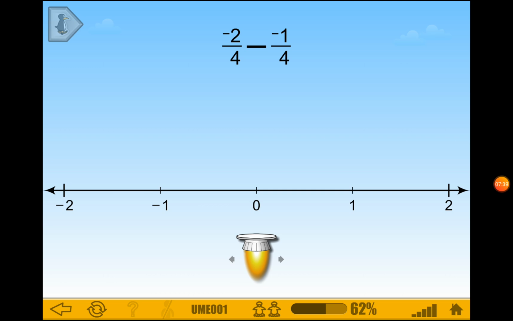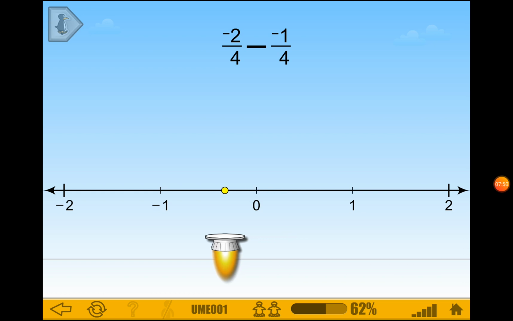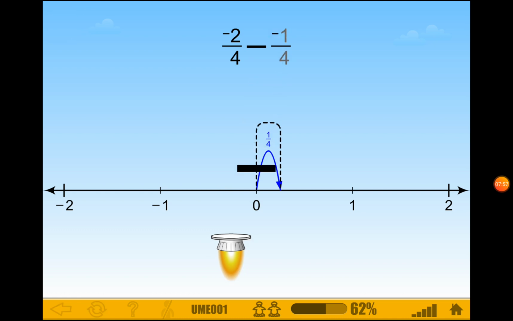So we have negative half plus a quarter. So -2 plus 1 is -1, and the denominator is 4. So this would be -1/4, so that would be right there. Yep.